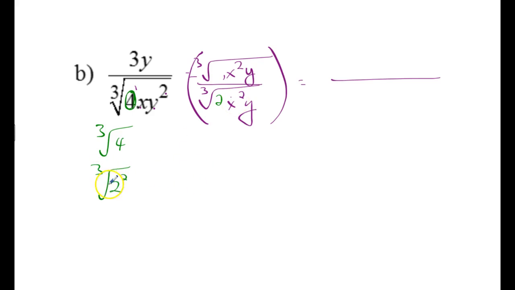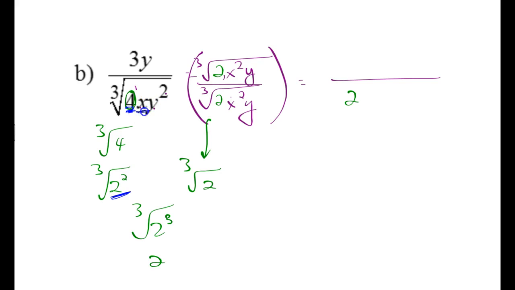Because this is going to take the cube root of 2 squared, times this cube root of 2, and that will give me the cube root of 2 cubed, which would just be a 2 out here. So that looks a little bit easier, and keeping the numbers a little bit smaller. So again, remember changing this 4 to 2 squared for a prime base. We'll keep the numbers a little bit smaller.